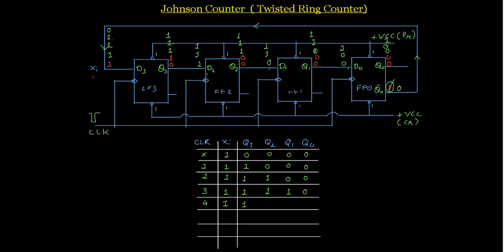So at the end of the fourth clock pulse, Q3 is 1, Q2 is 1, Q1 is 1, and Q0 is also 1. And if we see the input Xi, it is not 1 but now it is modified and becomes 0. So this input is going to be 0.